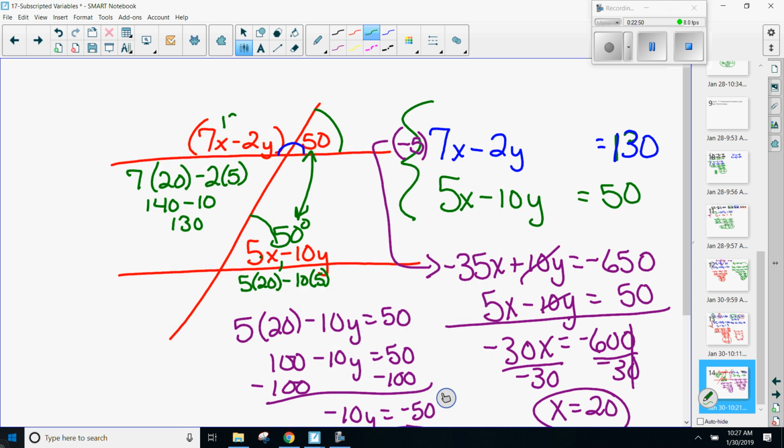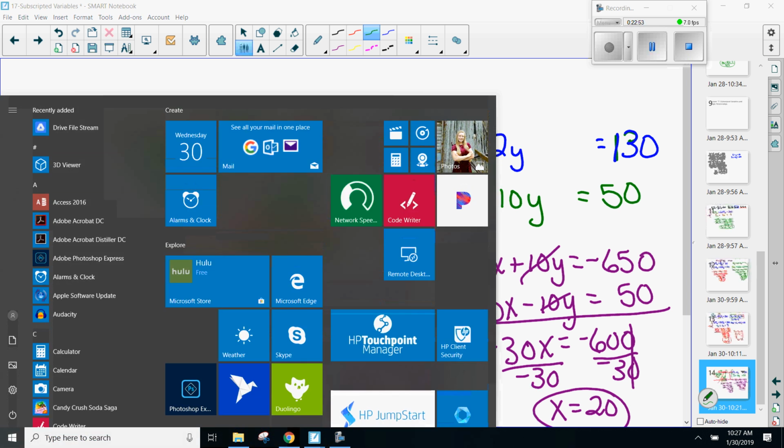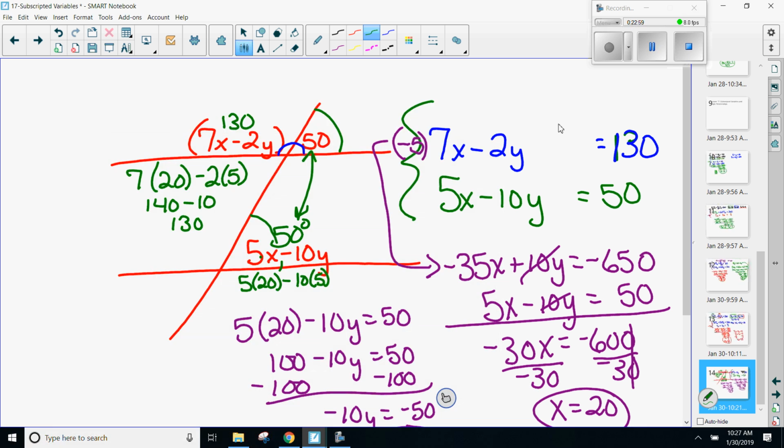If this is 130 and this is 50, that creates 180 right there, correct? So we have our x and y values.